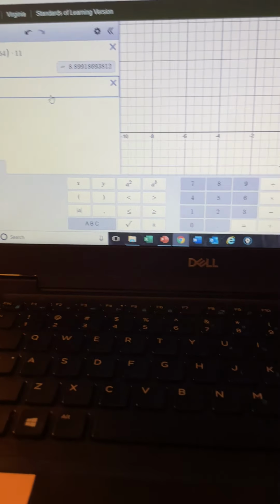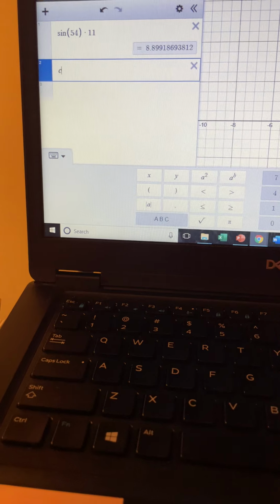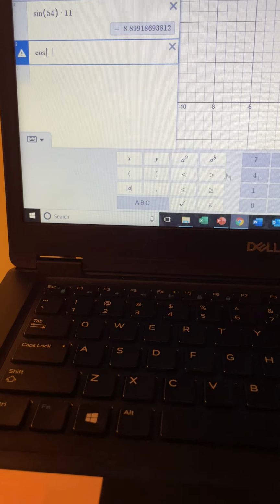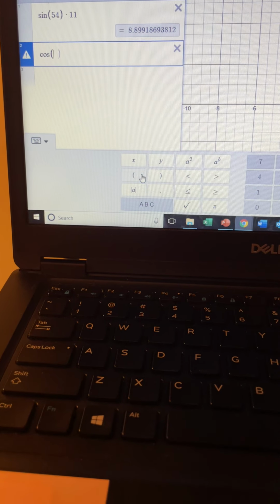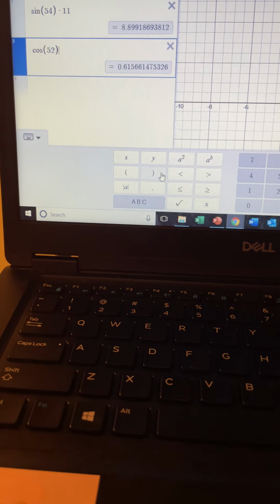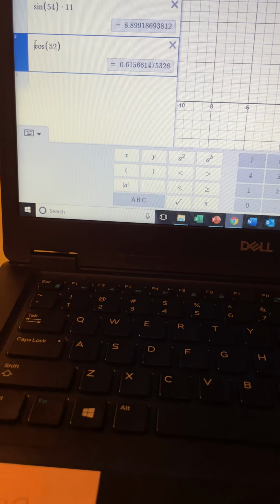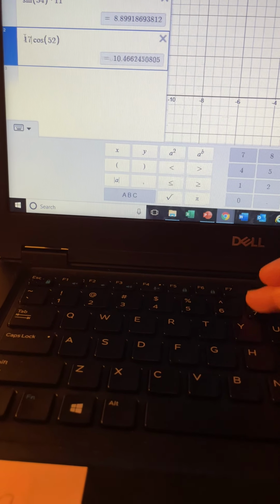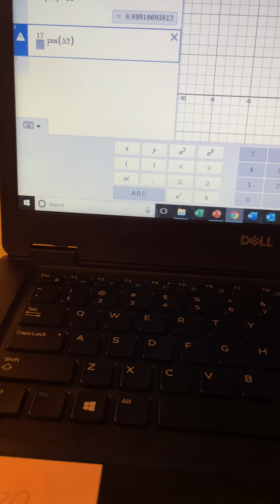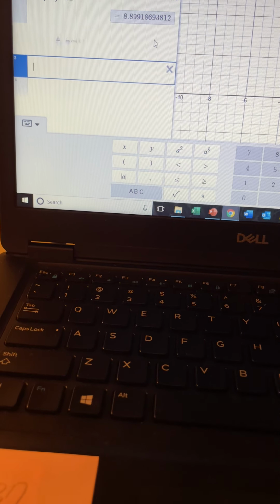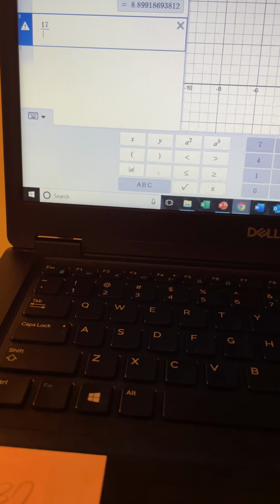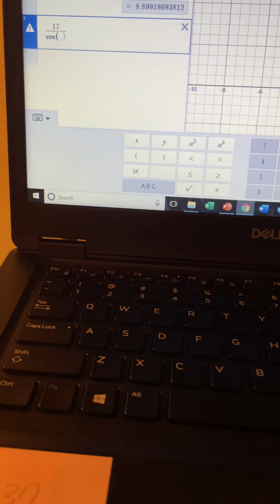You're going to put 17 divided by cosine 52.